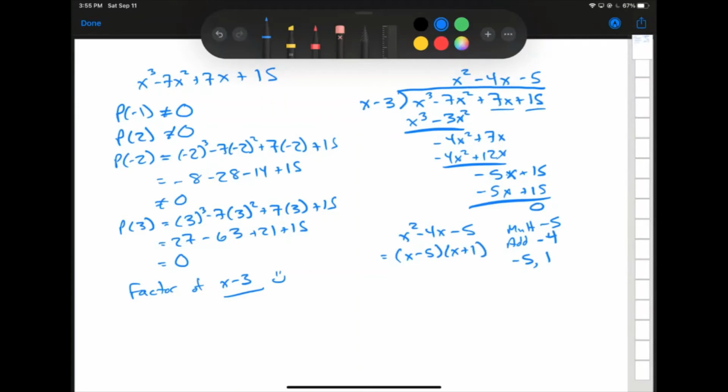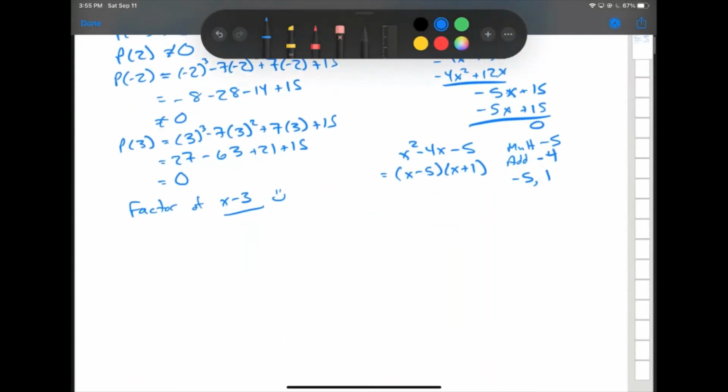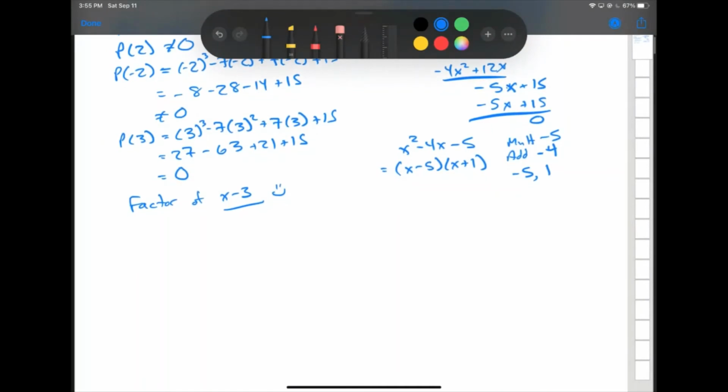Okay, so when all is said and done, what does that mean? It means, and this is going to be a big one to write, our original polynomial, x to the 5th minus 9x to the 4th plus 22x cubed minus 6x squared minus 23x plus 15. Getting dizzy just writing that out.